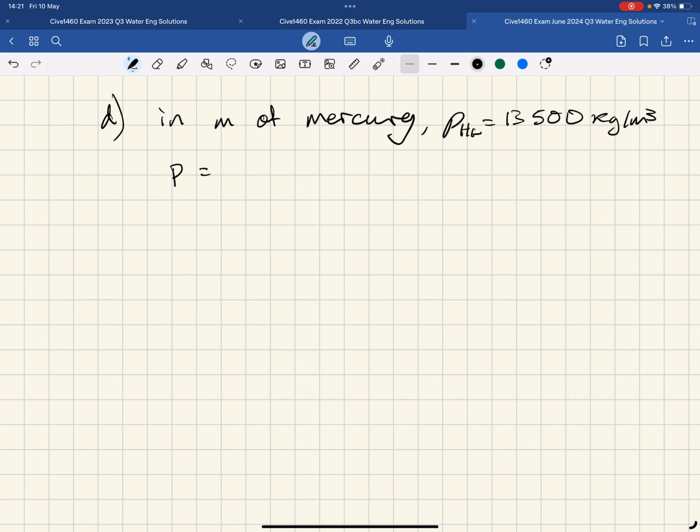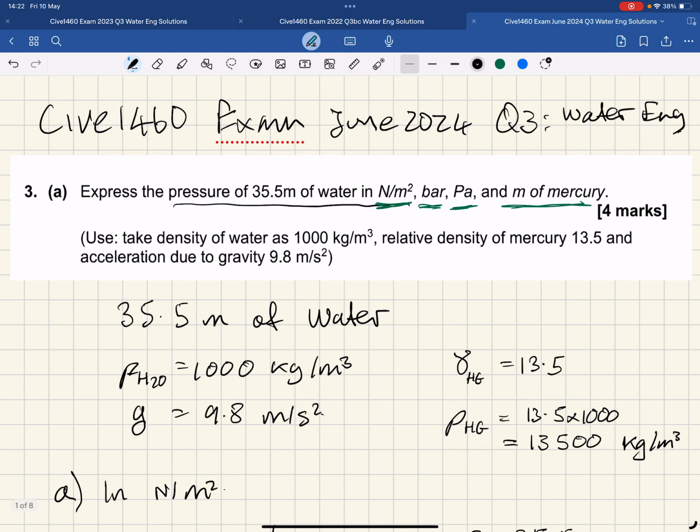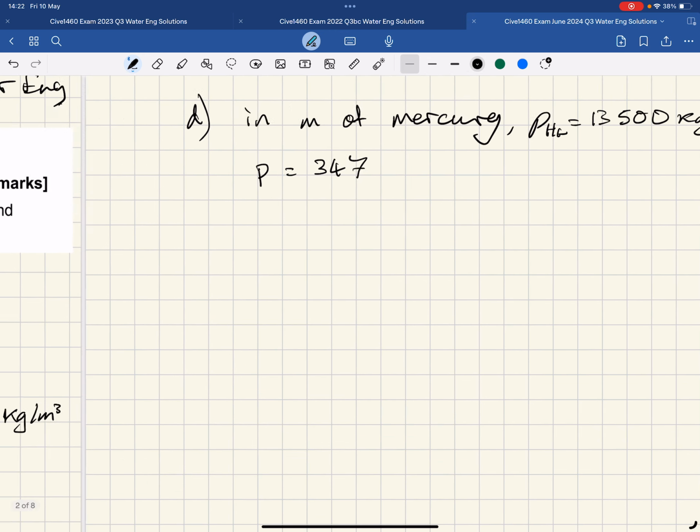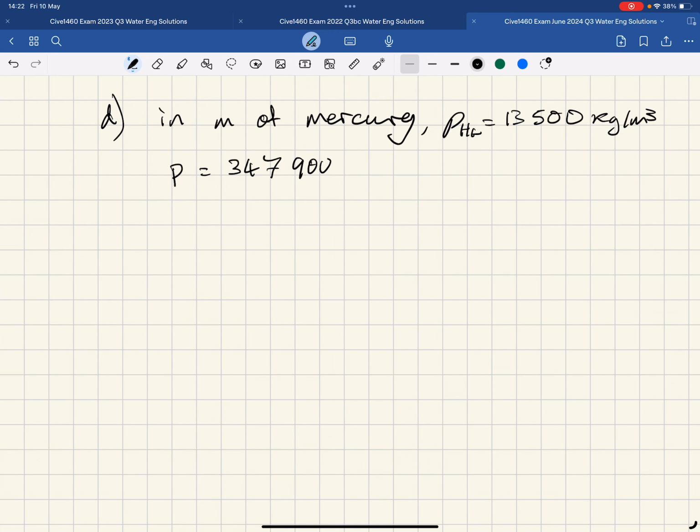So P, which we know is 347,900, is equal to rho of Hg times g times h, let's say h of Hg.